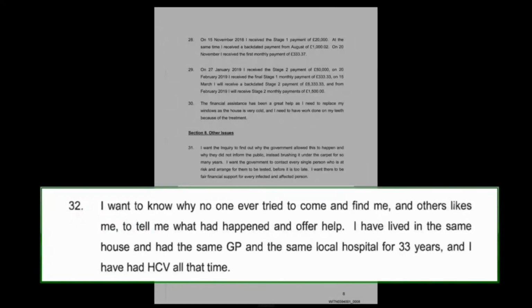This is an expression that many statements repeat, and I'm just going to read it aloud. I want to know why no one ever tried to come and find me, and others like me, to tell me what had happened and offer help. I have lived at the same house and had the same GP and the same local hospital for 33 years, and I've had hepatitis C all that time.